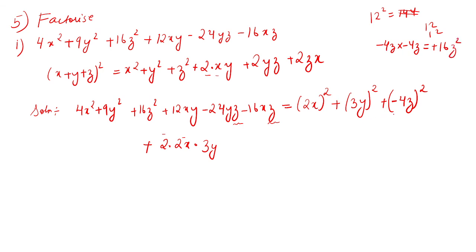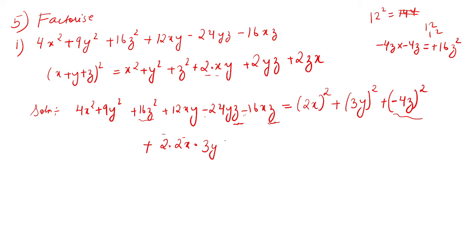Does it make any changes here and here? No changes. Remember that. And the z value is going to be minus, because every time z occurred in the original equation, a minus sign appeared. So the value of z must be minus 4z.